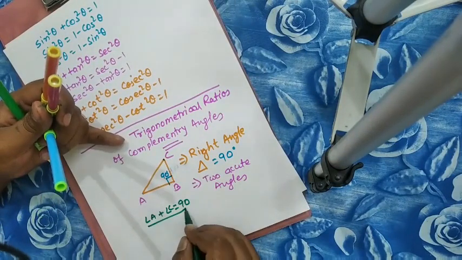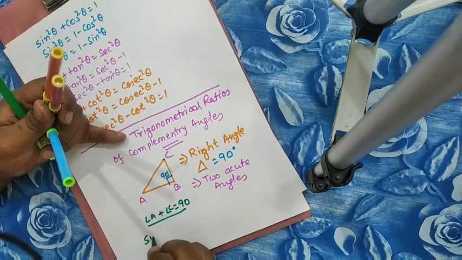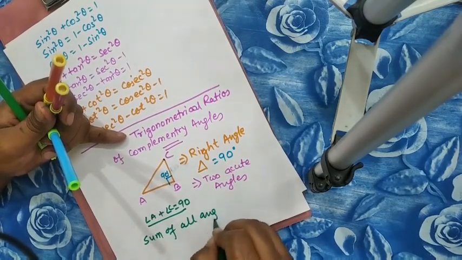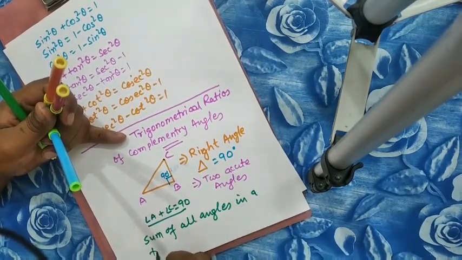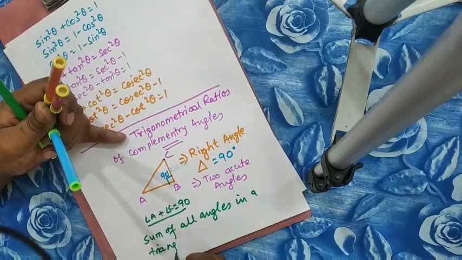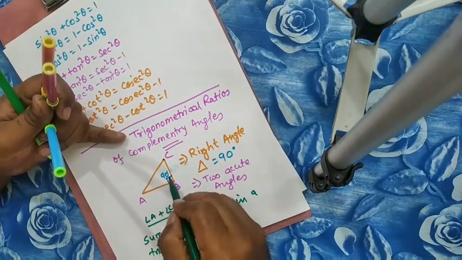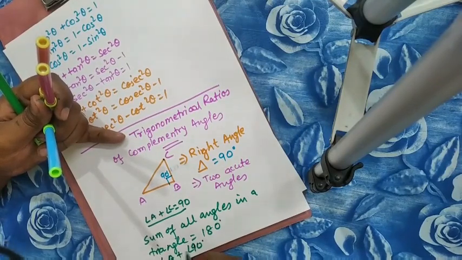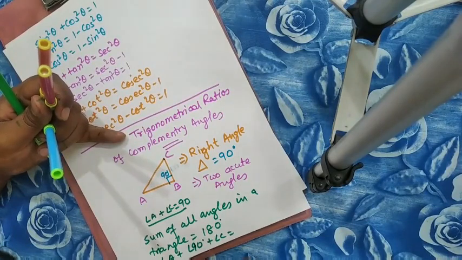Angle A plus angle C will be 90 degrees. Why? Because we know that the sum of all angles in a triangle will be 180 degrees. So angle B is already 90 degrees, then angle A plus angle C will be 90 degrees.